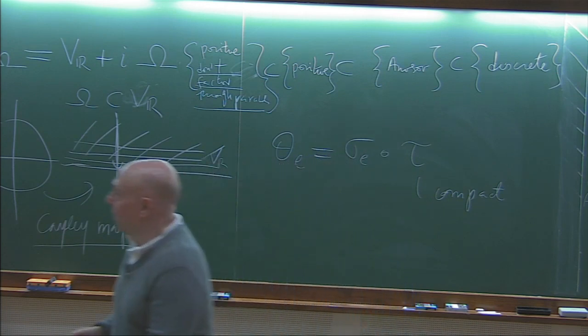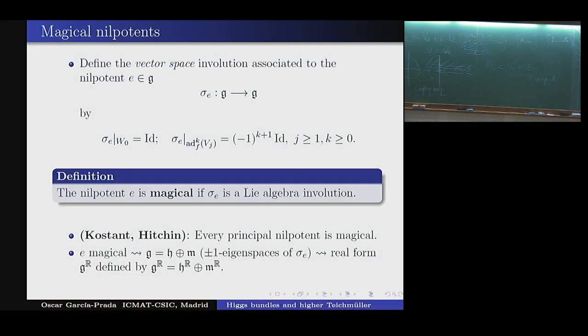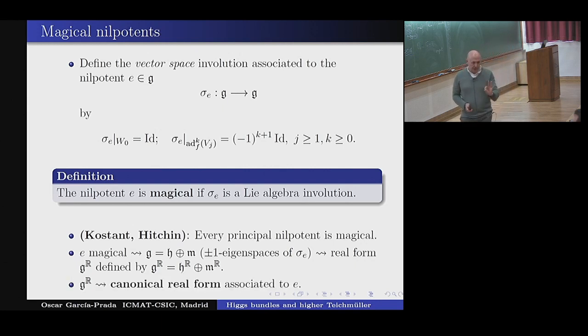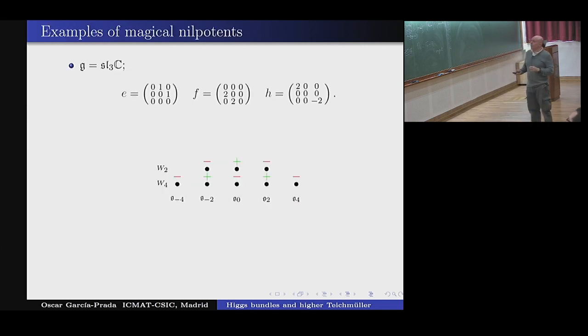And this defines a real form, right? The way you get this real form is precisely by choosing this compact anti-holomorphic involution and composing, and this is now an anti-holomorphic involution that defines you the GR. This is what we call the canonical real form associated to E, okay? And this only happens because this is a Lie algebra involution, right?